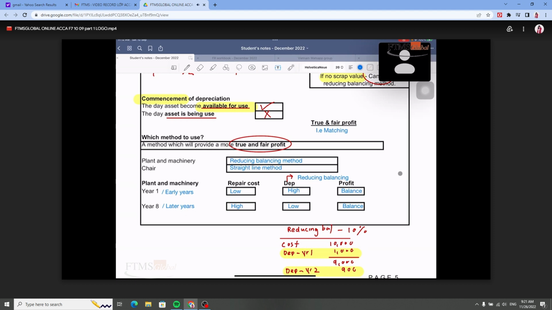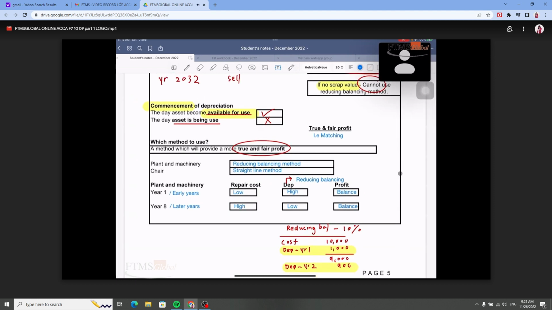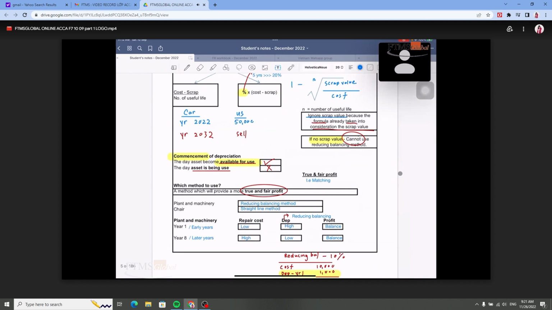Okay, right. So for this page, what is important for your exam is this. Firstly, remember, if there is no scrap value, you cannot use the reducing balance method. This is important for the exam. They will not be so nice to you anymore. They will not tell you, please use the straight line method or please use the reducing balance method.